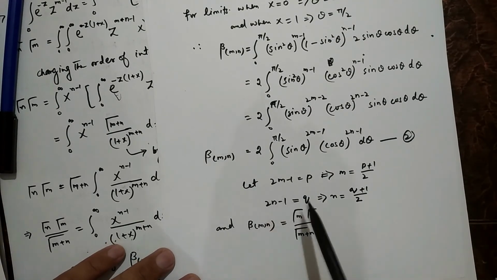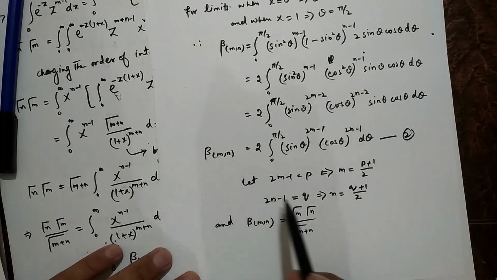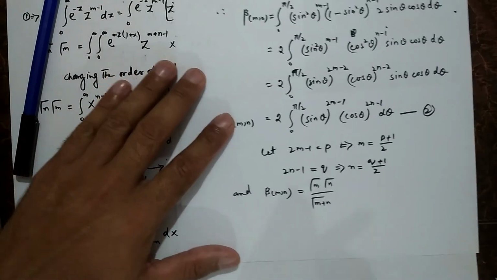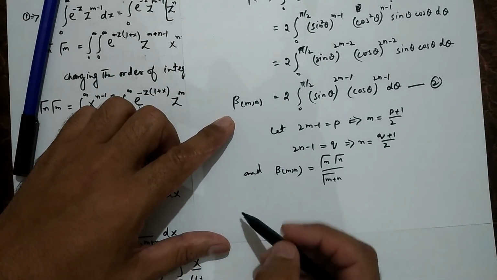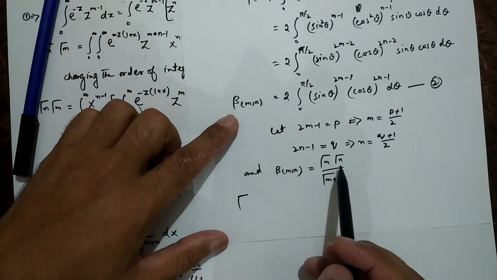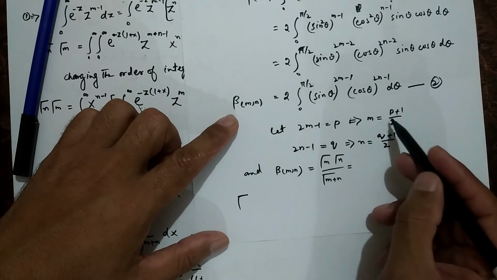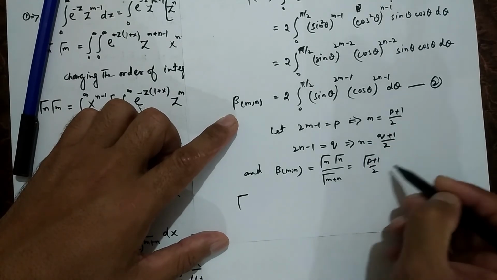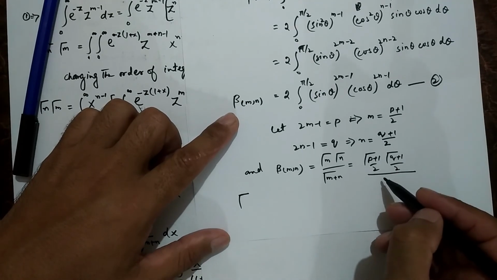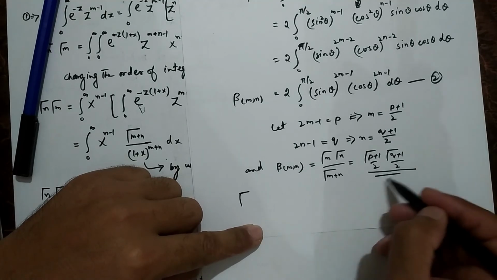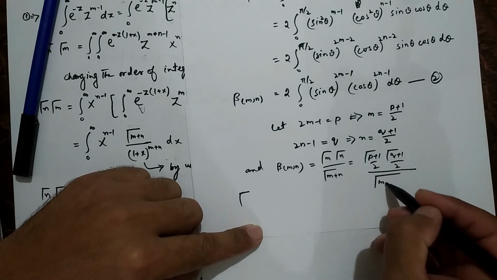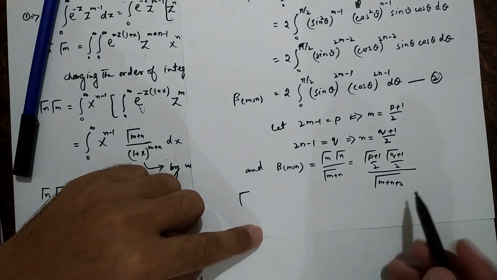So using equation 2 and putting this value in that equation, we will have gamma mn, and if we write the value of m, this will be gamma p plus 1 upon 2 gamma q plus 1 upon 2 divided by gamma m plus n, so it will be gamma p plus 1 upon 2 plus q plus 1 upon 2.